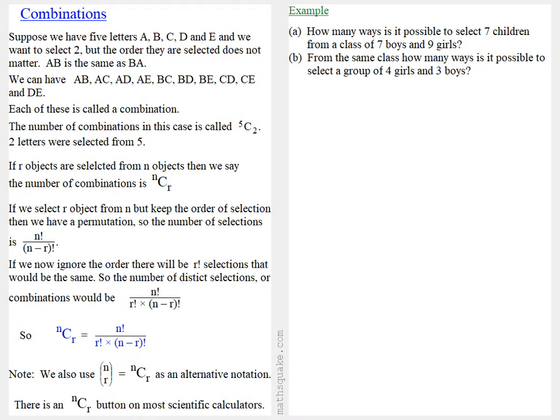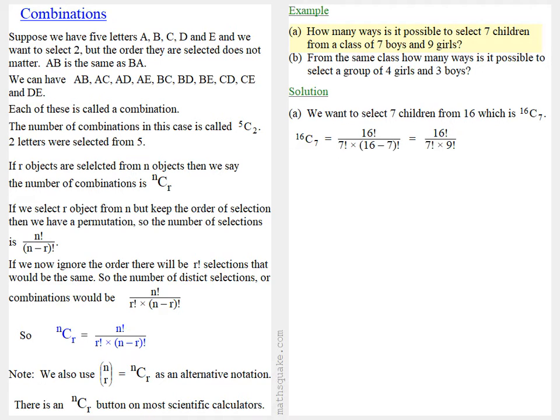Let's have a look at an example. In part A it asks, how many ways is it possible to select 7 children from a class of 7 boys and 9 girls? Well, to solve this, we want to select 7 children from a class of 16, which is 16C7, or 16 factorial over 7 factorial times 16 minus 7 all factorial, which is 16 factorial over 7 factorial times 9 factorial.